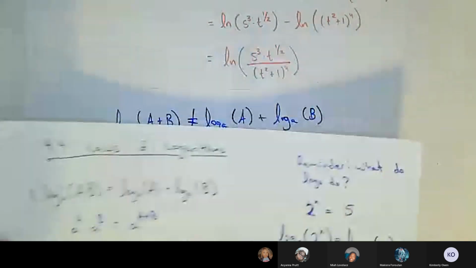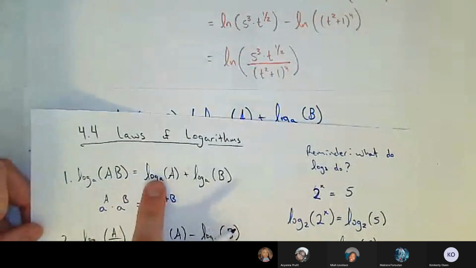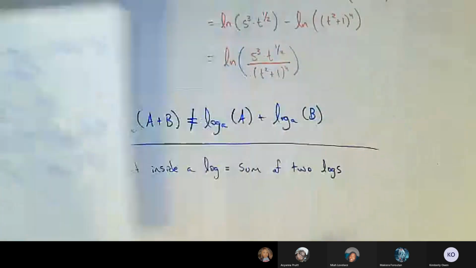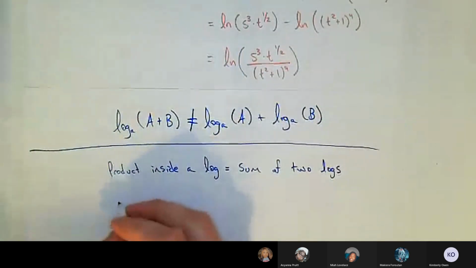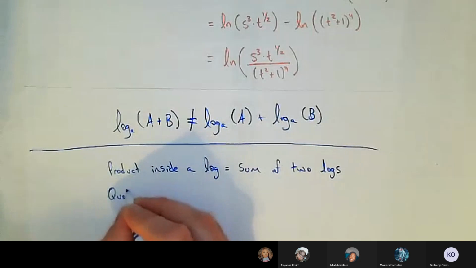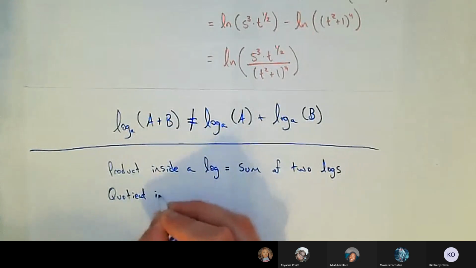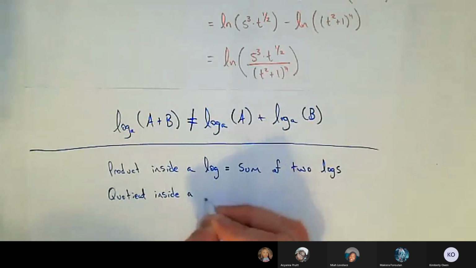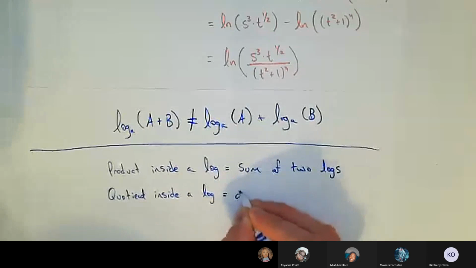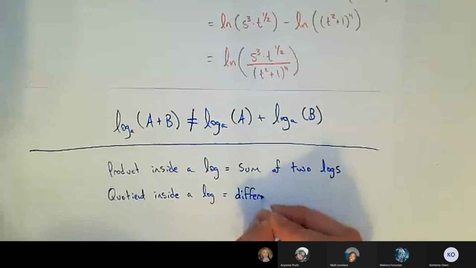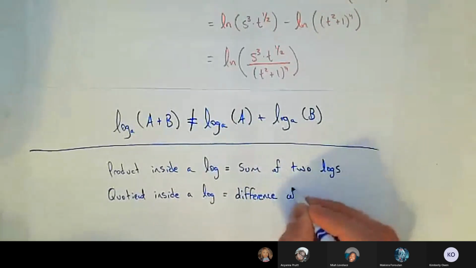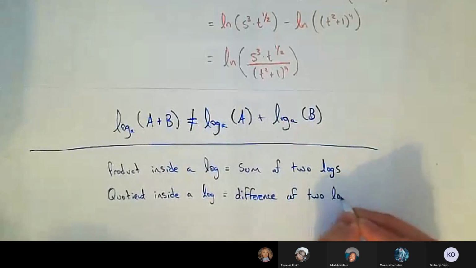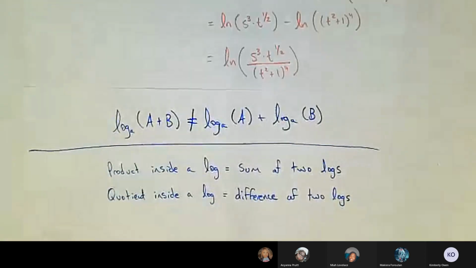Right, that's the first law. Product inside equals sum of 2 distinct logs. And then quotient inside, so that means like a division, equals not a sum, but a difference, which means a subtraction problem, right? A difference of 2 logs. So that's law 1 and law 2. I'll number them for you. There you go.